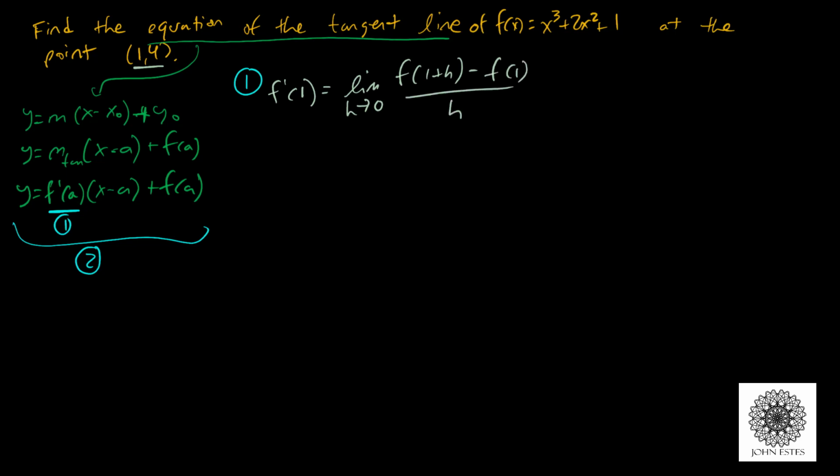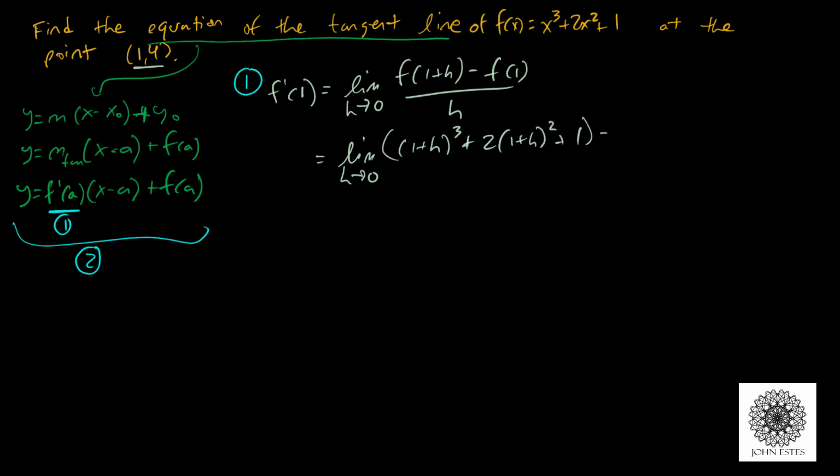Now as it stands, I cannot plug in 0 for h, right? Because then I get 0 over 0. So I actually have to do a little bit of work here. It's not too bad though. So what does f of 1 plus h look like? That's 1 plus h quantity cubed plus 2 times 1 plus h, plus 1.